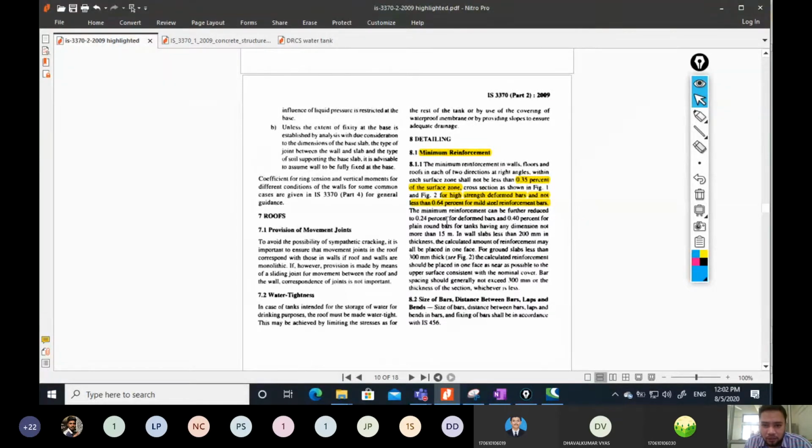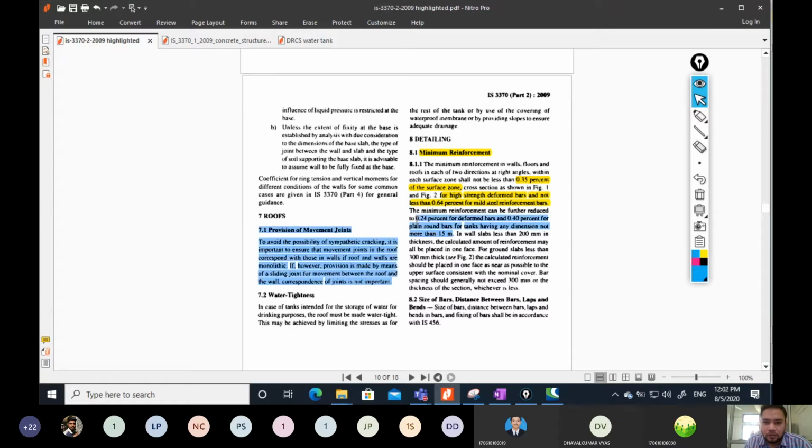The code also says that the minimum reinforcement can further be reduced to 0.24% for deformed bars and 0.4% for plain rounded bars for tanks having dimensions not more than 15 m. So if your tank dimensions are less than 15 meters, you can reduce these values to 0.24% of the surface zone for deformed bars and 0.4% of the surface zone for mild steel bars.